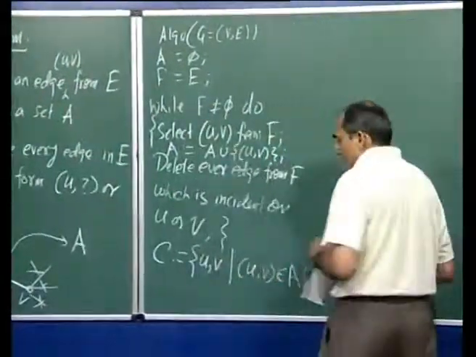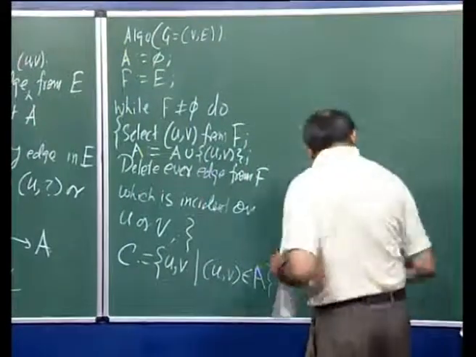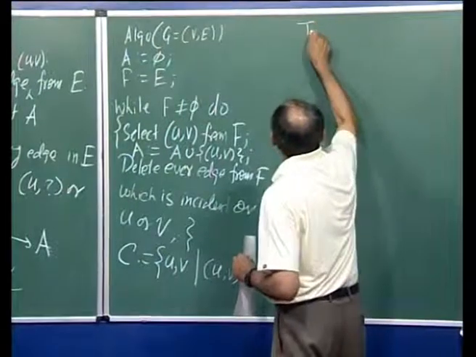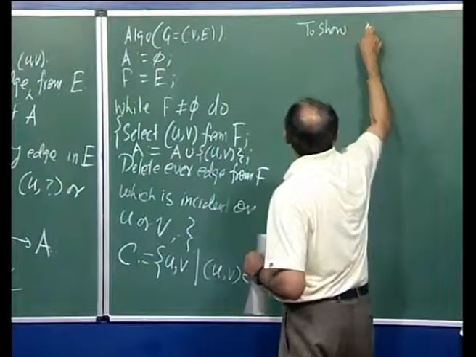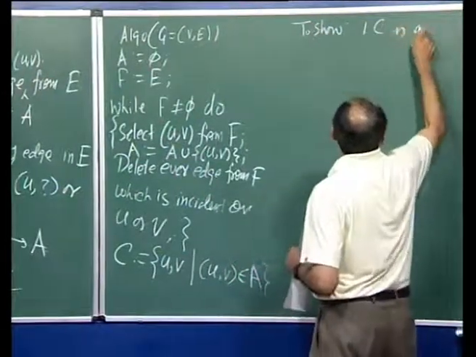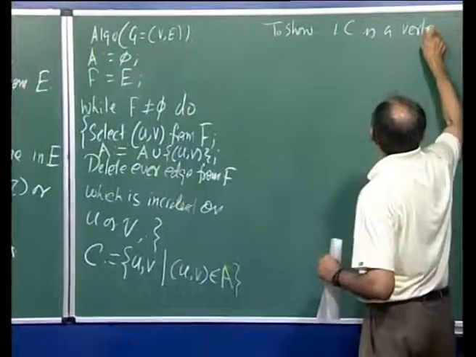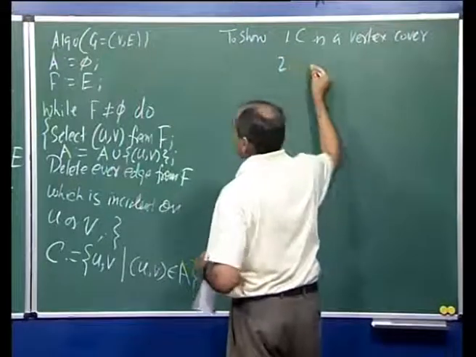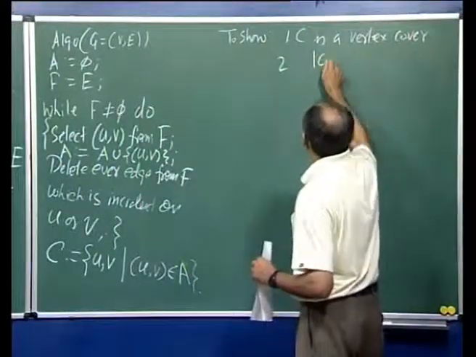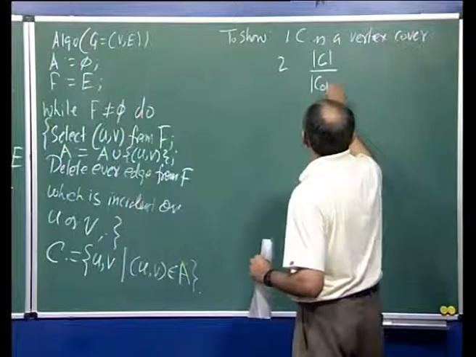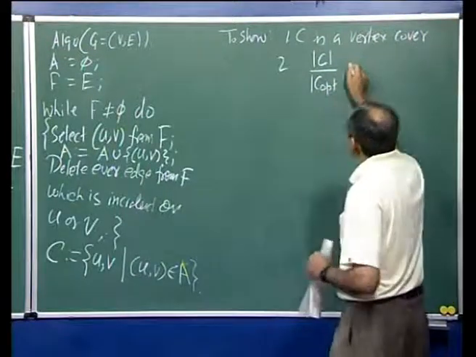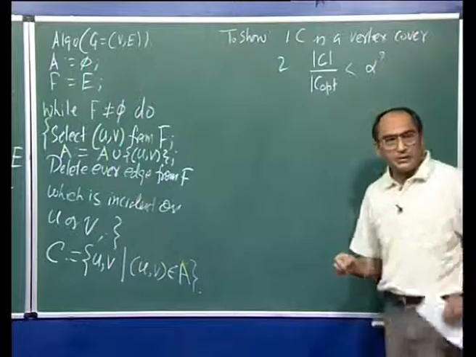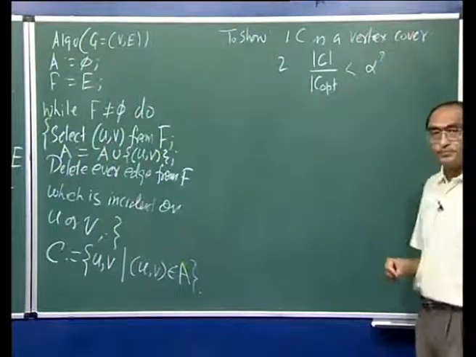All right. So, there are two things I have to show. One, that C is a vertex cover, and two, that its size is bounded by some alpha, which we have to decide, whatever this alpha is.